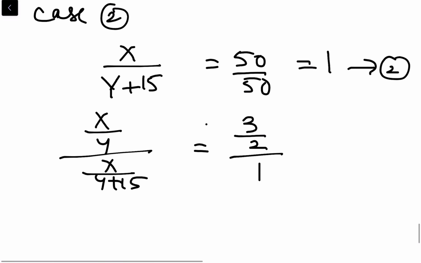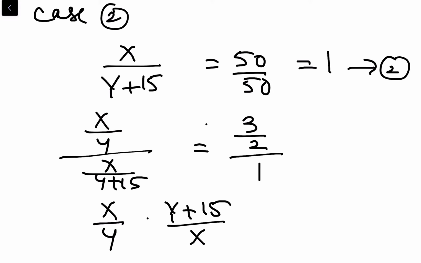Okay, it's not multiplication in every case because we want the solution. Then x by y into y plus 15 divided by x, that is equal to 3 by 2 into 1.